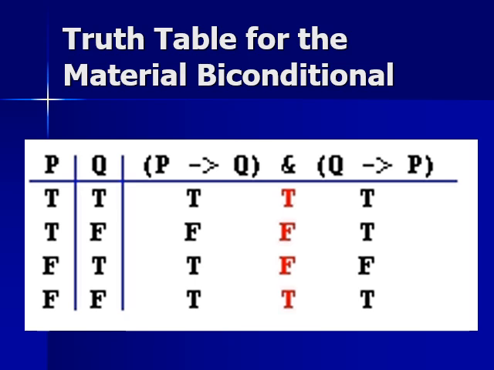You have a false and a true on the left hand and right hand side of the right hand block. That's false. You have a true and a false. That's false. And then the last one, you have a true and a true, and that's true. Notice that going down the middle and highlighted in red, you've got the table for the material biconditional. That's because if P then Q and if Q then P is the very same function as the material biconditional.